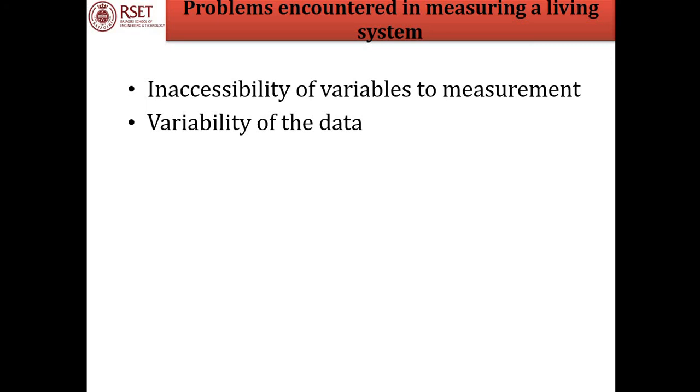But sometimes it may be found that measurements taken under a fixed set of conditions at one time will not necessarily be the same as similar measurements made under the same condition at another time. So variability of data from subject to subject is also possible.